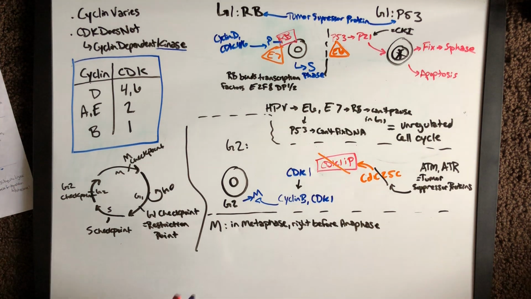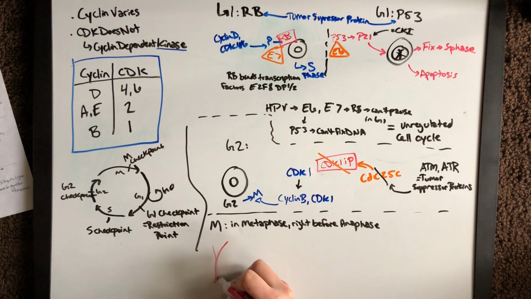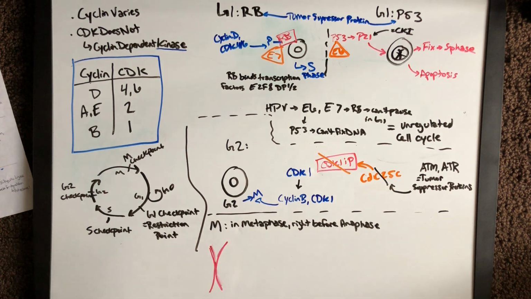So when we were going through all of the phases of mitosis earlier, we drew out a chromosome. Oh, what's going on? Here we go. So our chromosome had this centromere here in the middle.